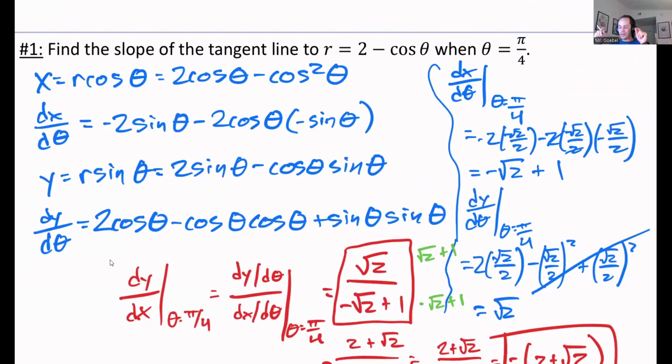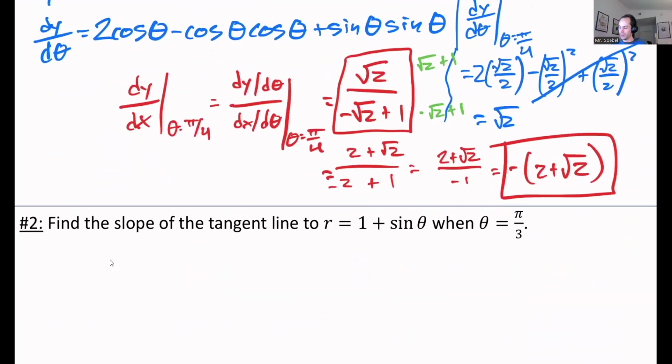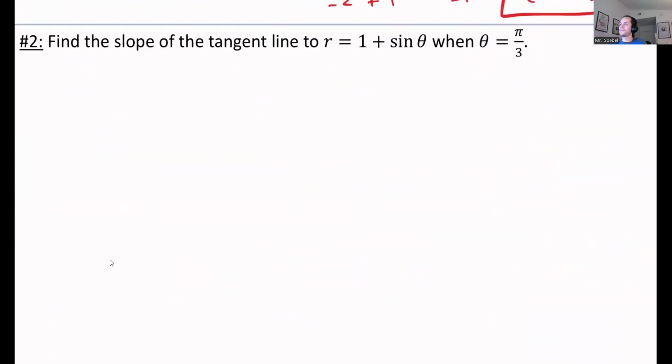I took those derivatives, plugged in pi over 4 to each of those, and then put the y on top of the x. There's your slope. Let's take a few minutes to let you try number 2 here. I'm going to set a timer again and let you work.